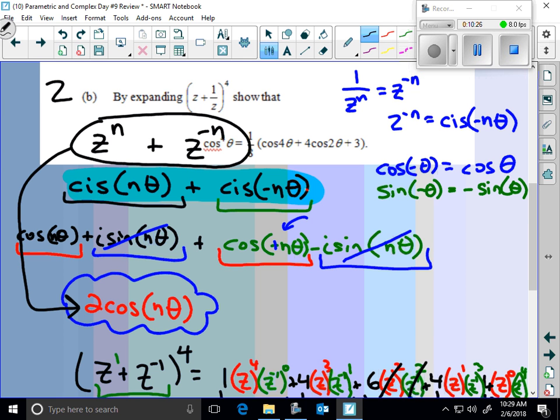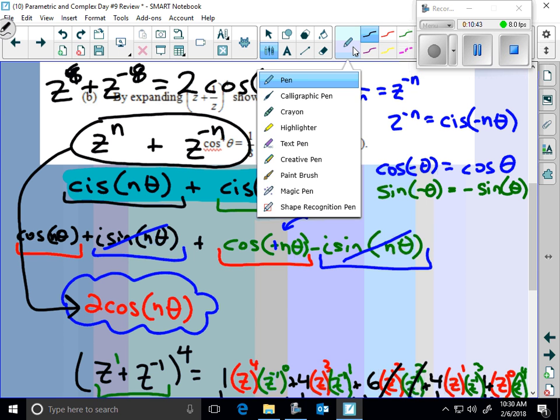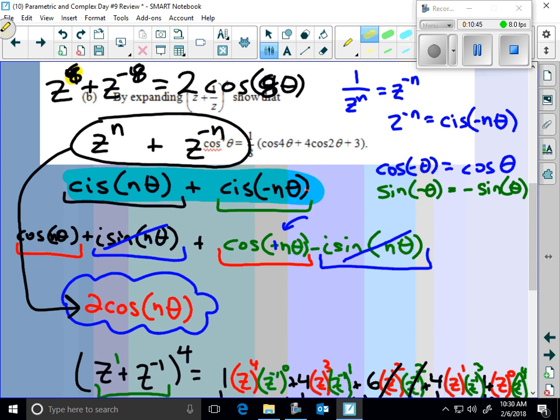So if I were to throw a 4 in there, you could then say that's 2 cosine 4 theta. If I were to throw an 8 in there, you could say that's 2 cosine 8 theta. Whatever number I plug in here for n, as long as it follows that same format, you could throw that in there. The 2 won't change in the front, just that value. And that's de Moivre's theorem in practice.